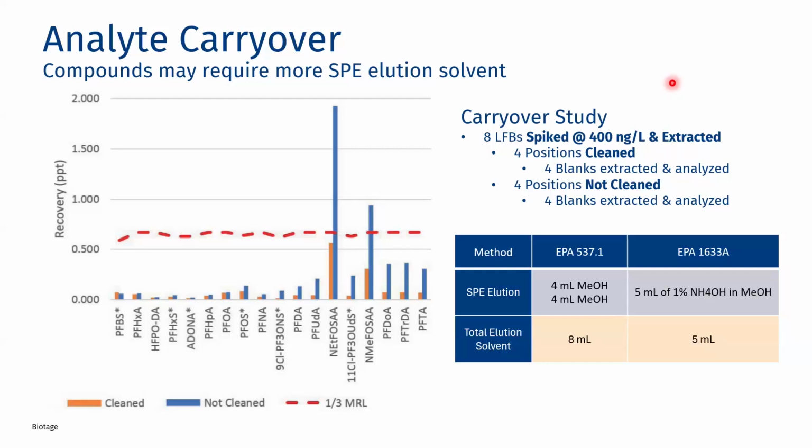Here's a study where we spiked 8 LFBs at very high concentrations, 400 nanograms per liter, and we extracted them. Then we cleaned 4 positions and extracted 4 blanks right after we cleaned them. And then we didn't clean 4 positions, and extracted 4 blanks. And you can see the orange bar is the blank recovery after it was cleaned.